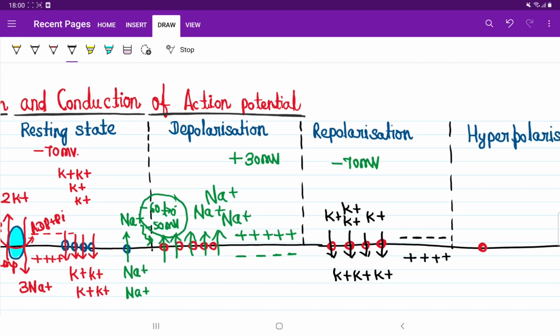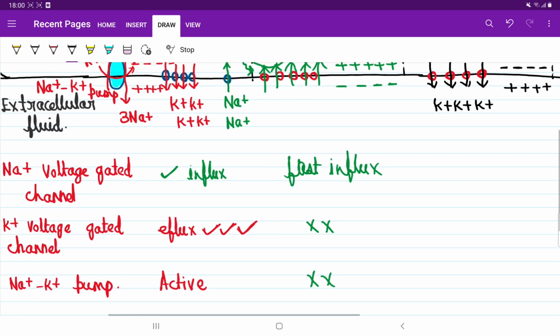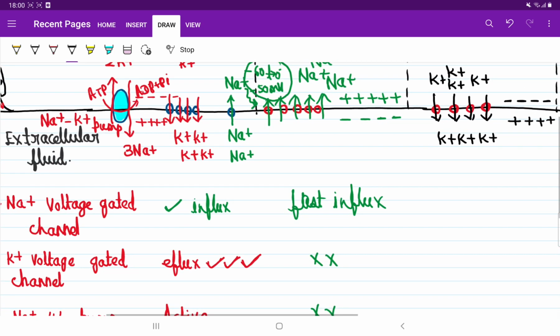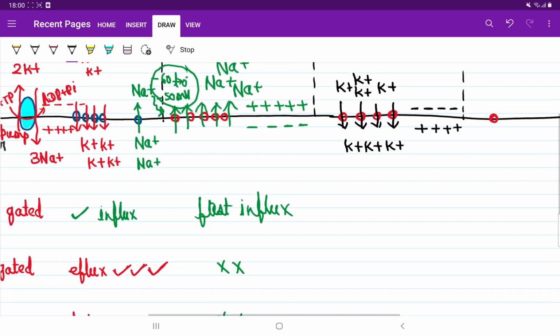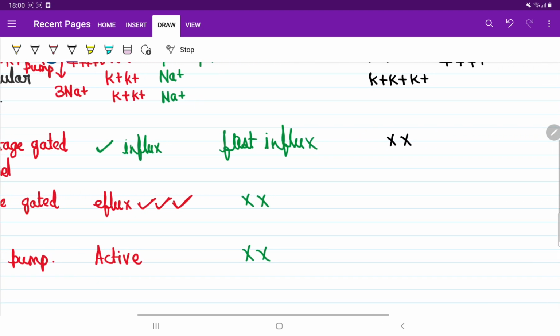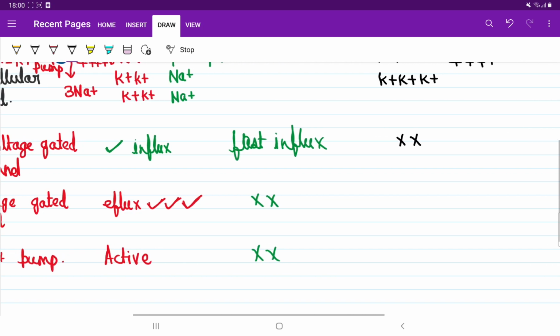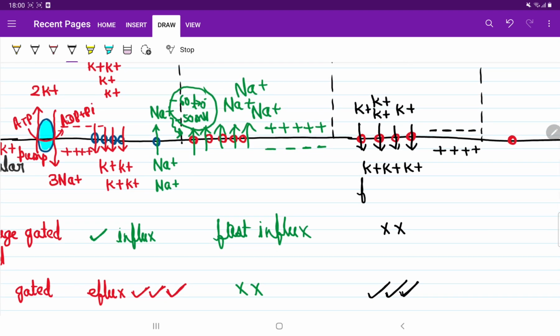Repolarization takes 1.5 to 2.5 milliseconds. Now the question is, what about the sodium ion voltage gated channel during repolarization? During repolarization, the sodium ion voltage gated channel is inactive, not working. During repolarization, the potassium ion voltage gated channels are causing fast efflux of potassium ion. I am writing here: fast efflux of potassium ion.